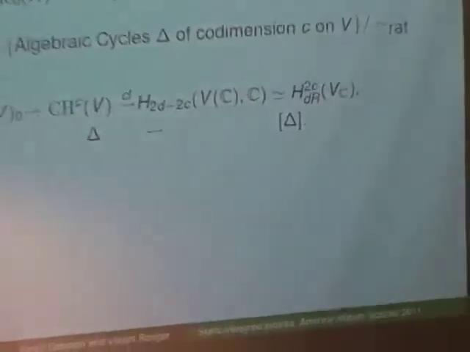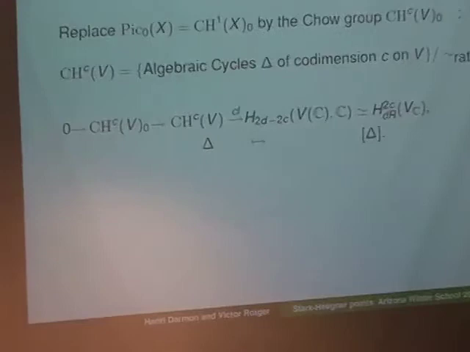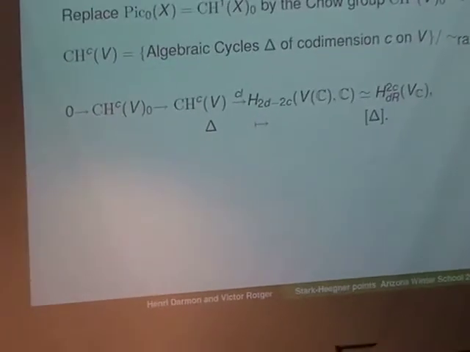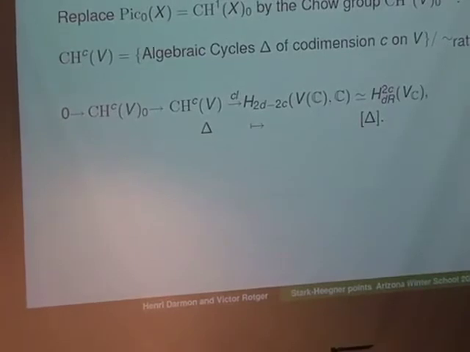So we have this map, this cl, which people call the cycle class map, which takes your cycle here. So this is a subvariety of codimension c. So this means that it's of dimension d minus c. So therefore, it has real dimension 2d minus 2c.